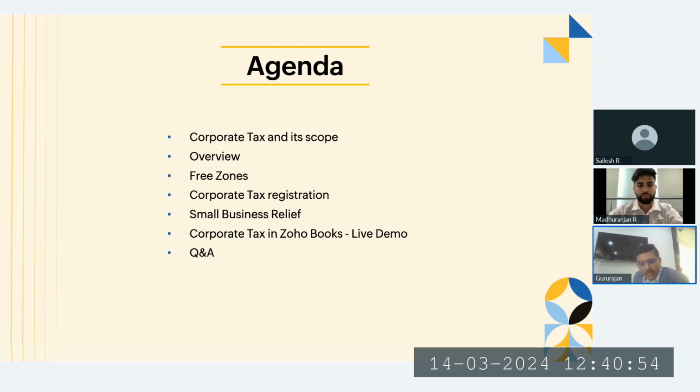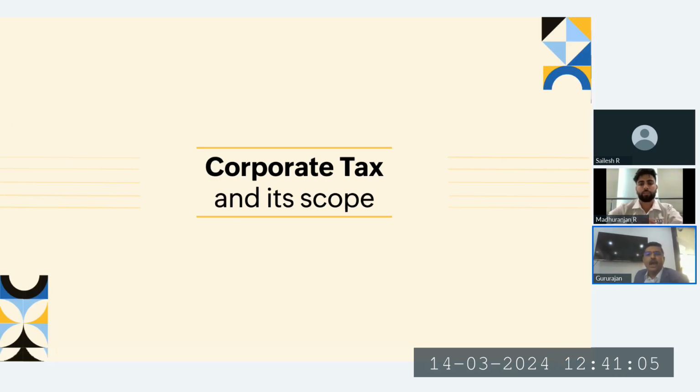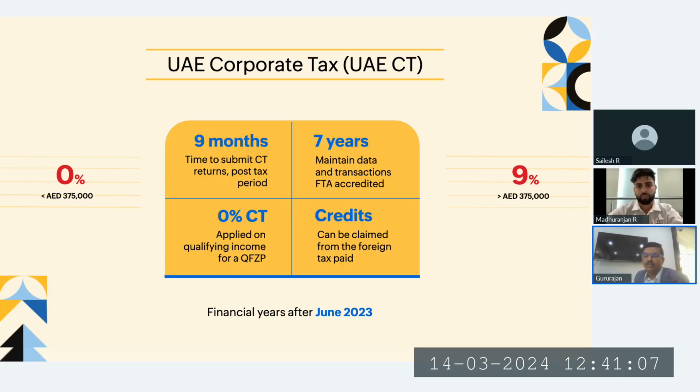So moving on, in terms of corporate tax and its scope, all of you are aware that corporate tax was launched effective from 1st June 2023. From the financial year of your organization, you have 9 months after the tax period to submit the returns.